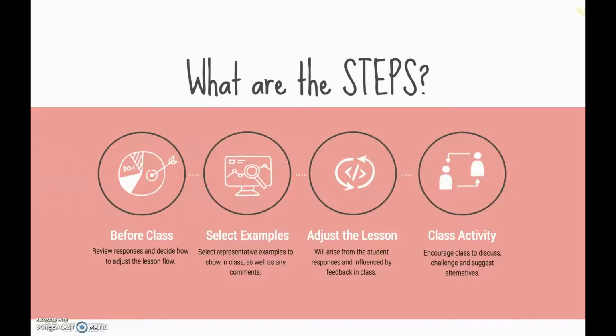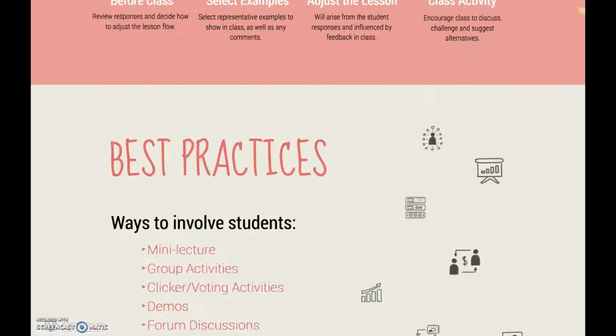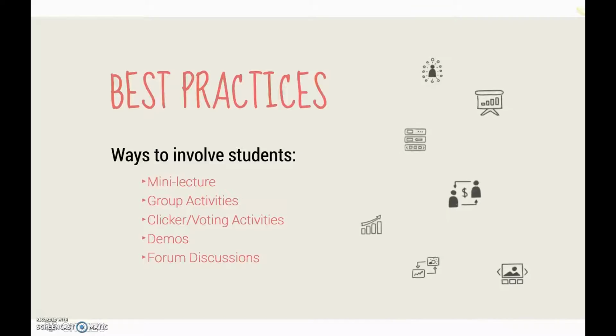The course content is enriched because the wording actually comes from the live class, which makes the lesson fresh and interesting to the students. There are a variety of ways to involve the students in discussing the issues raised in the pre-class assignment: mini lectures, group activities, clicker voting activities, demonstrations, or forum discussions if you're teaching an online course.